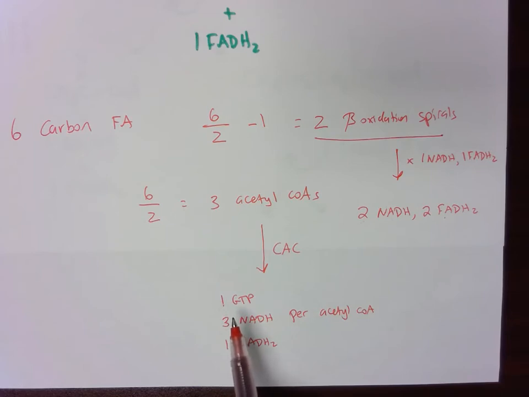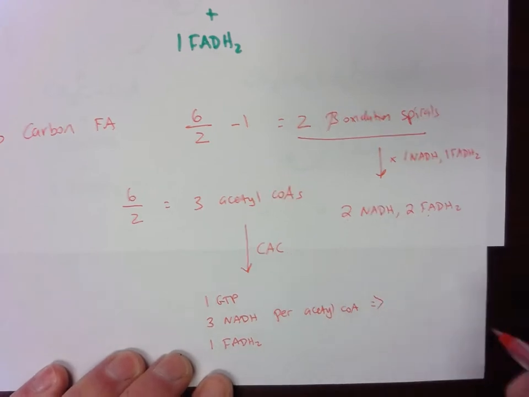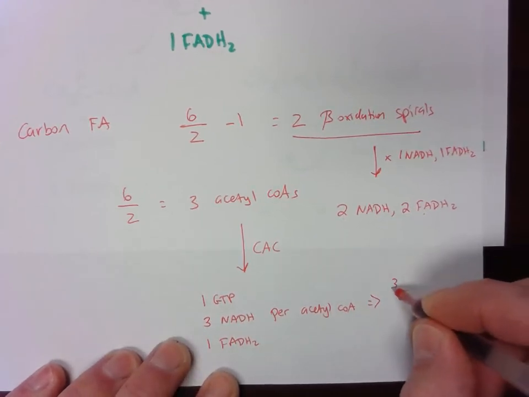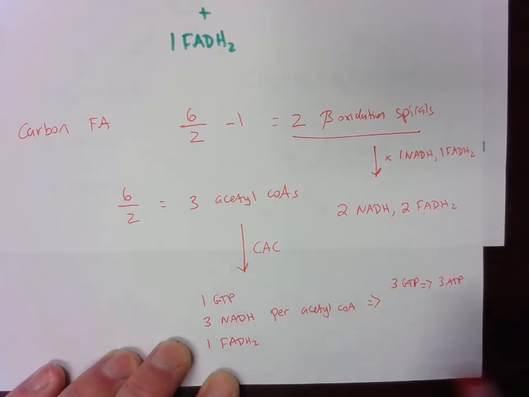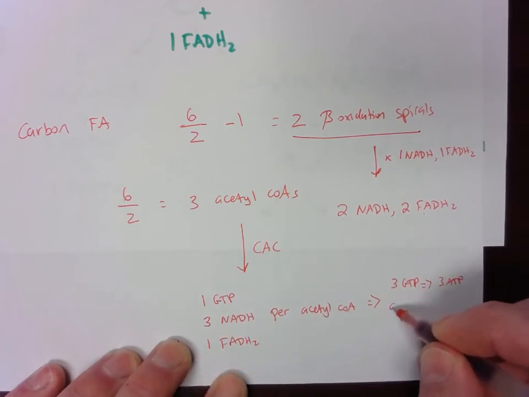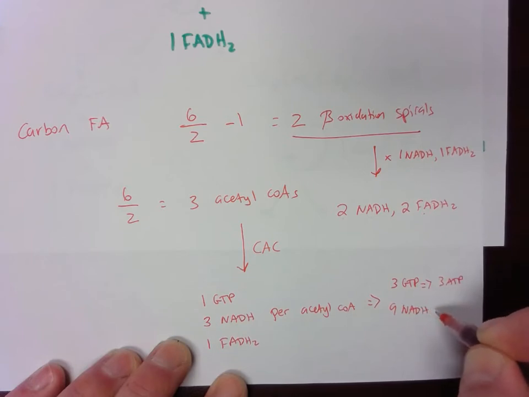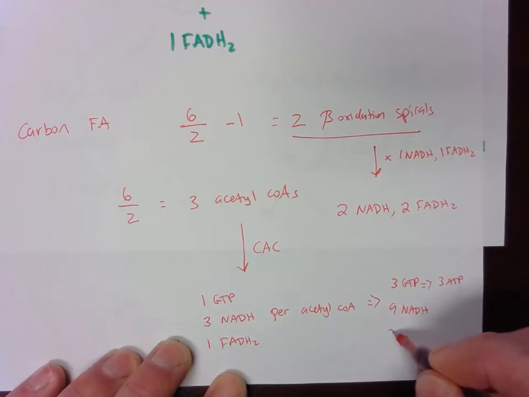That means that we have 3 acetyl-CoAs, so we multiply all these by 3, and we end up with 3 GTP, which is really 3 ATP, 9 NADH and 3 FADH2.